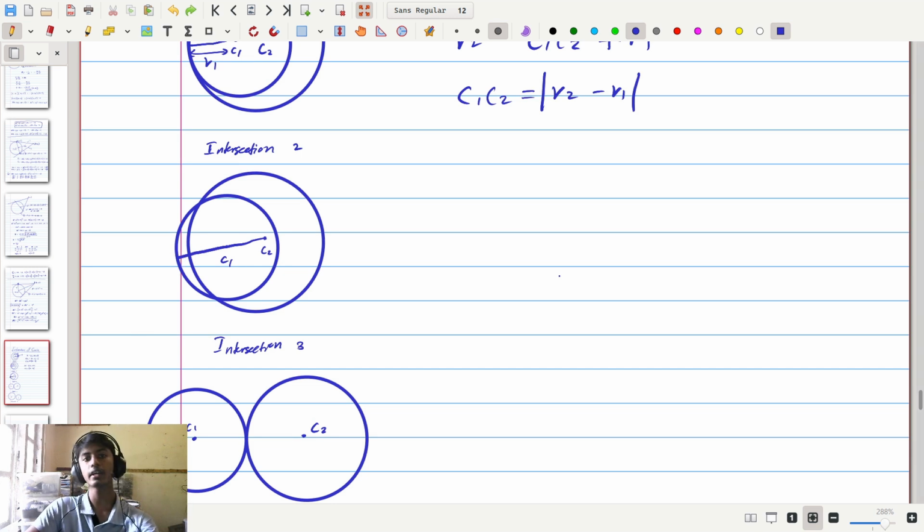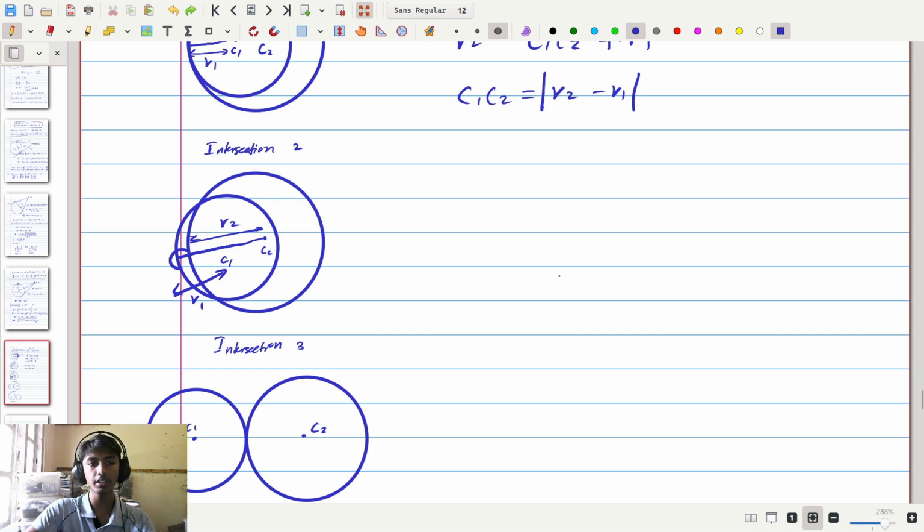Now then, considering the lengths involved, this length here is the distance from the center of the second circle up to the surface of the second circle, so it is R2. Now considering the distance from this point here up to this point here, this distance here is R1, since it's the distance from the center of the first circle up to the edge of the first circle.